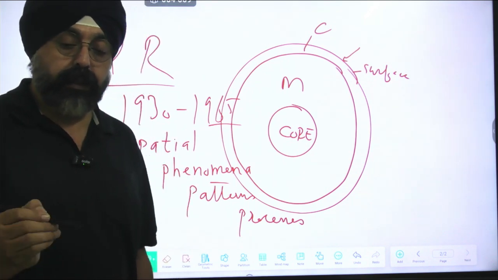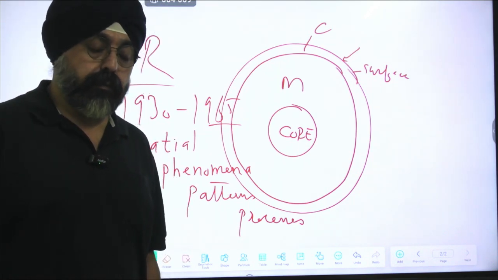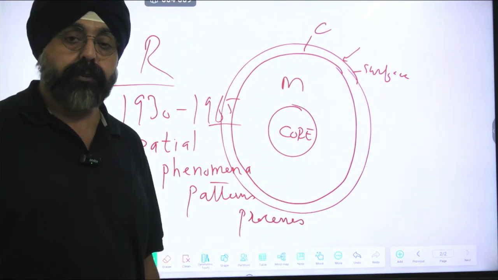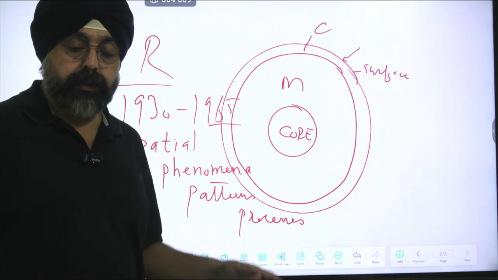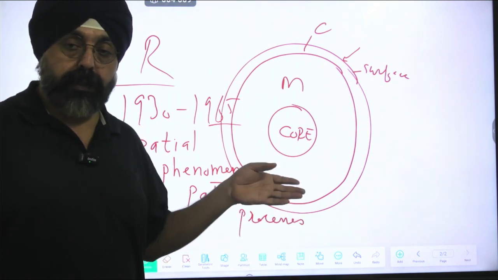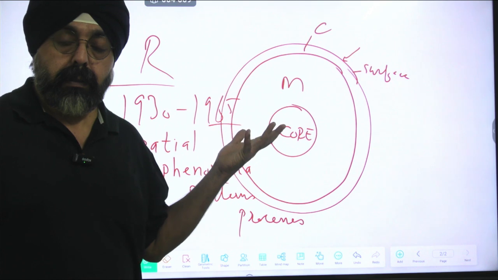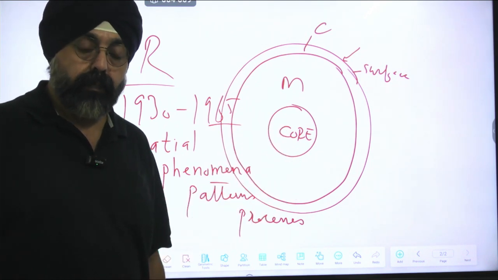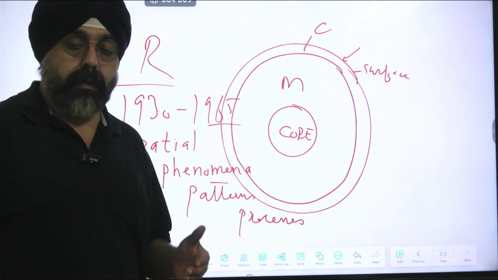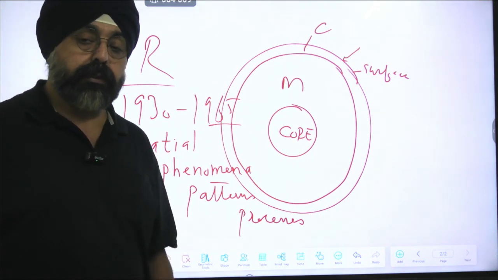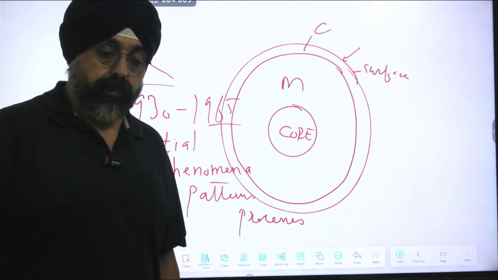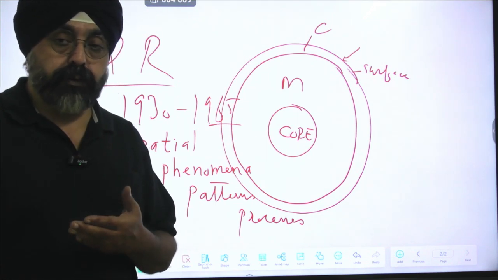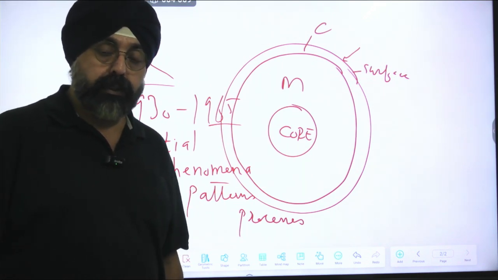Now, if we see the distribution of the mountains, maximum of the mountains are on the western margins of the continents. Whether it's the Atlas Mountains, the Rockies, the Andes, or the Scandinavian highlands, on the western margins, or on the margins of the subcontinents, like Himalayas on the margins of the Indian subcontinent, Great Dividing Range on the margins of the Australian continent.